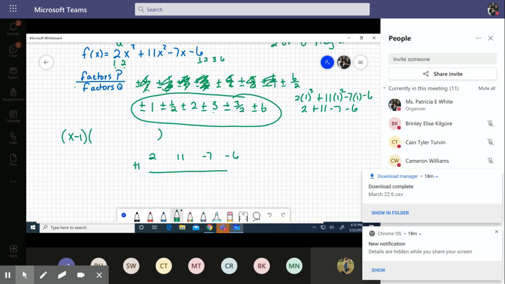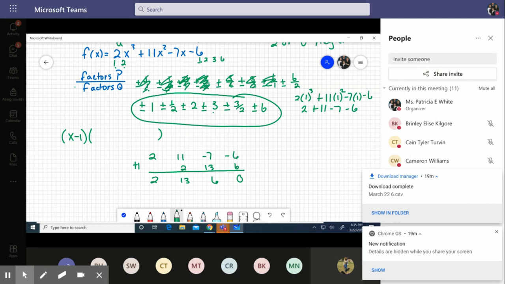Drop the 2. 2 times 1 is 2, add. 13 times 1 is 13. What's negative 7 and 13? 6 times 1. And there's my 0.